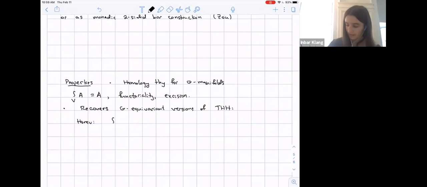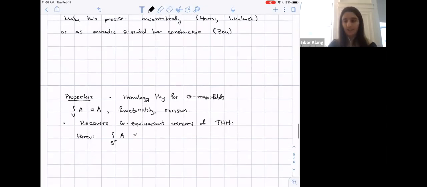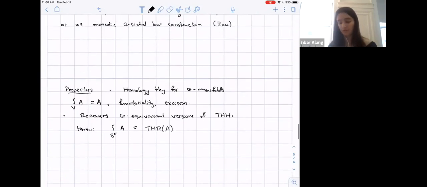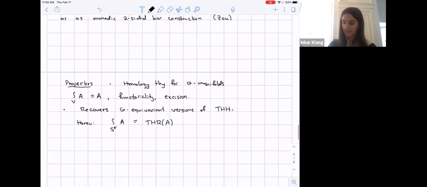Asaf showed that if you take factorization homology with manifold being the circle with reflection action, then you get the real topological Hochschild homology of A.